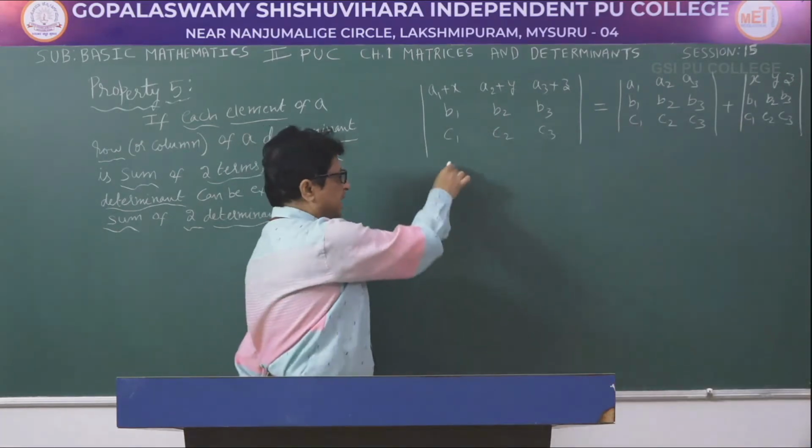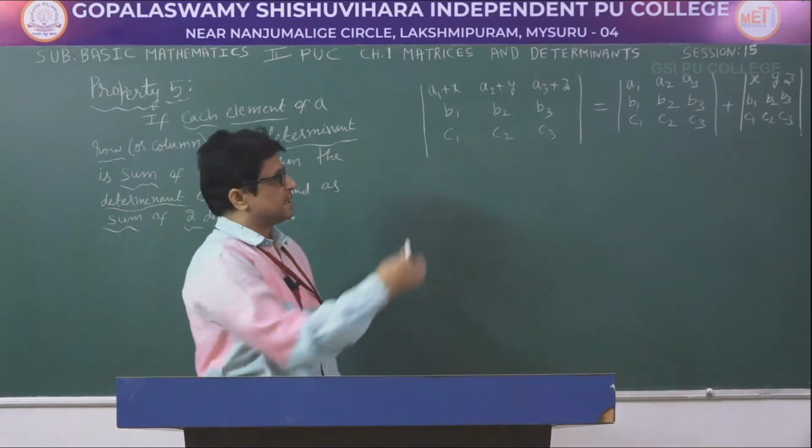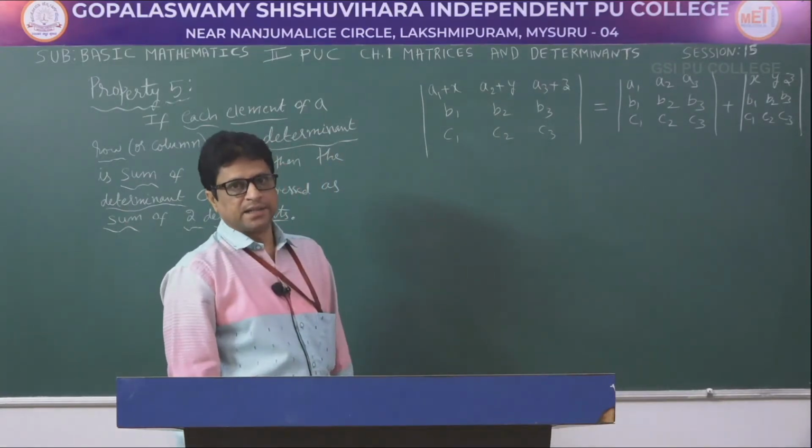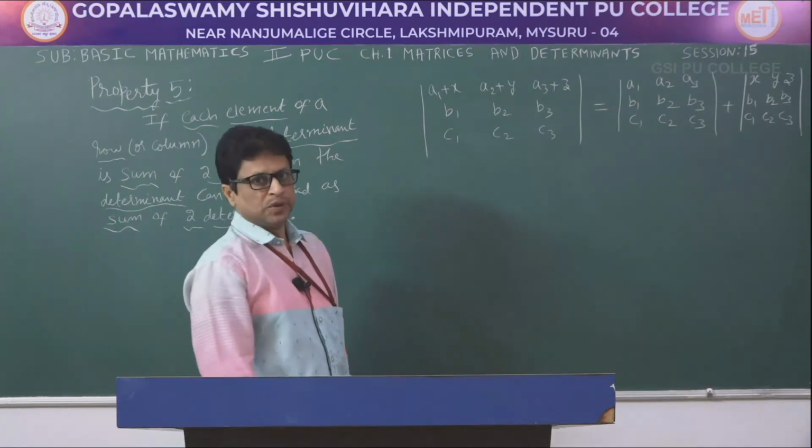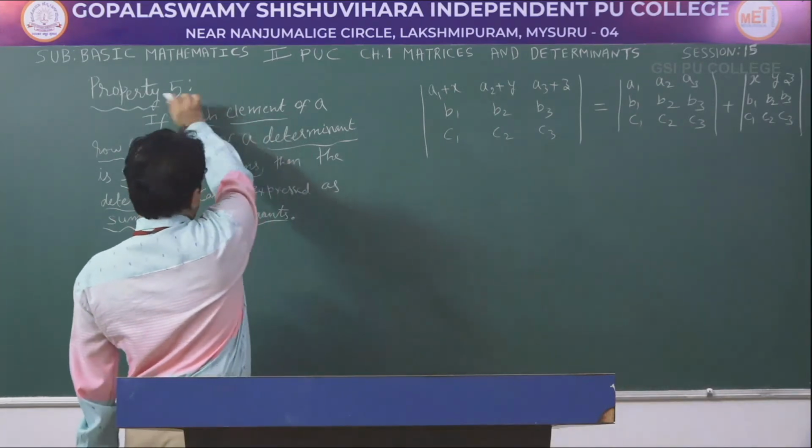Finally, this determinant can be expressed as sum of two determinants. This we are going to prove in the property 5.